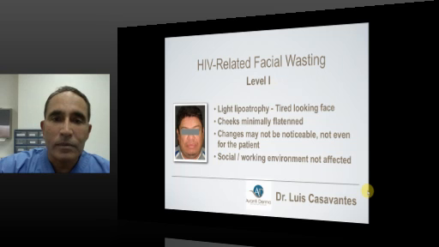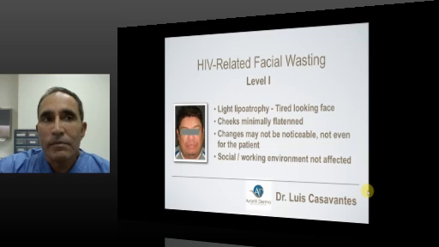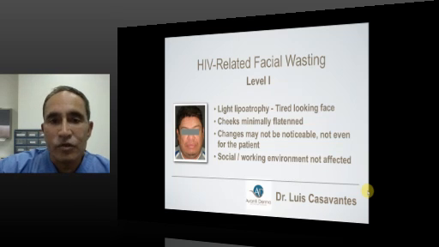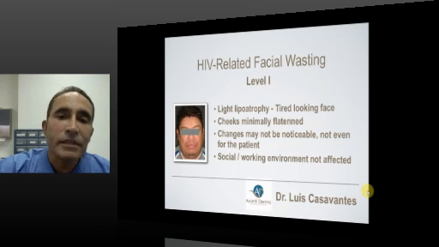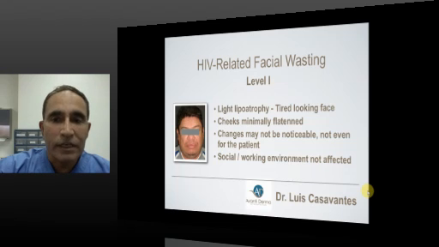Facial wasting or facial lipoatrophy level 1 basically cannot be a big issue. It's just a tired-looking face. The cheeks are minimally flattened, and the changes may not be noticeable, not even for the patient.